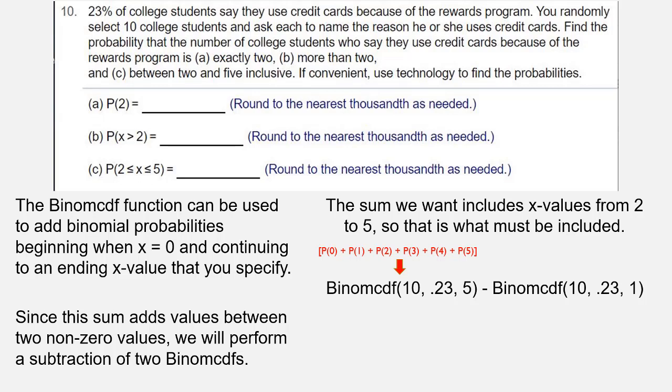That gives you the probability of 0 and 1. So if we take those away from that first sum, we'll be left with the 2, 3, 4, 5, which is what we want. And so if we plug that into our calculator, we get 0.6948675641, rounded to the nearest thousandth is 0.695. And that's your answer.